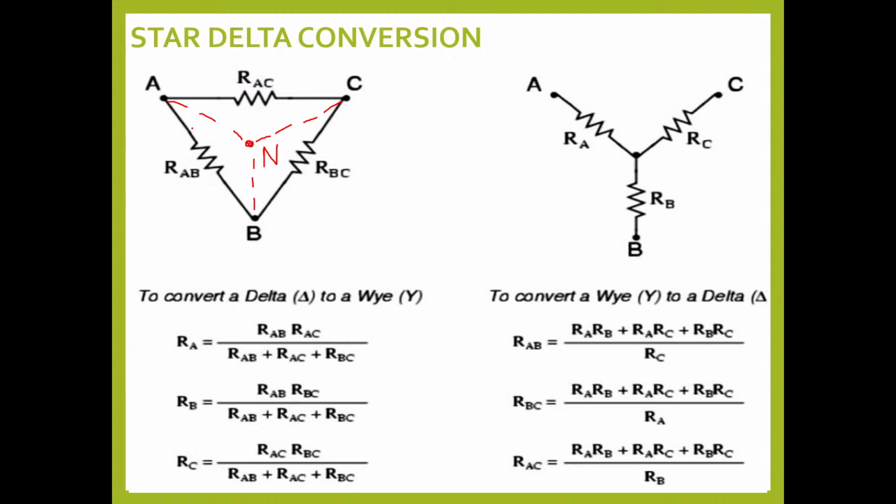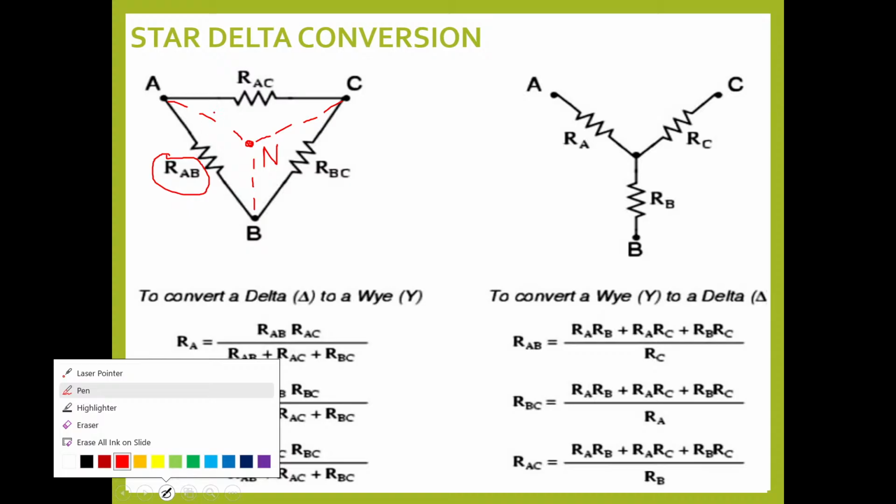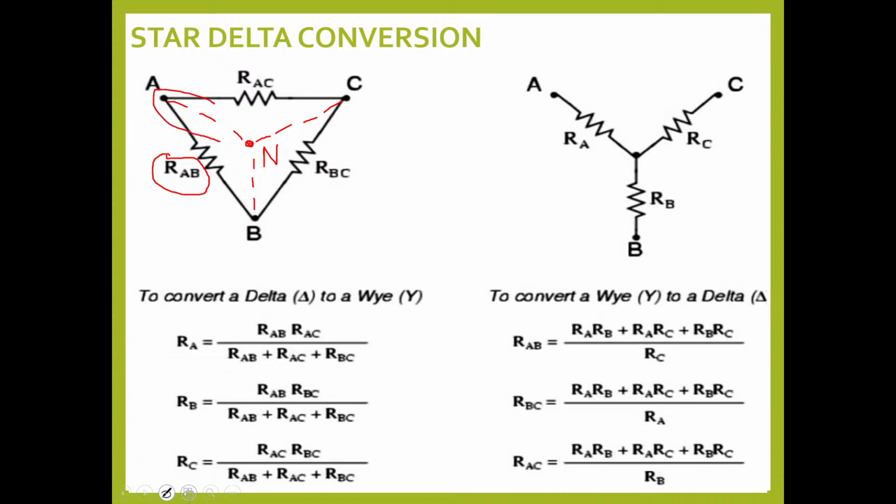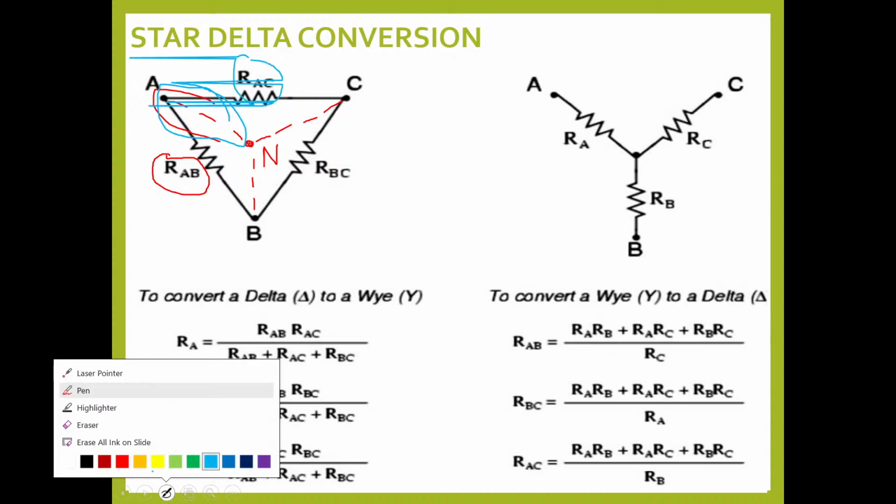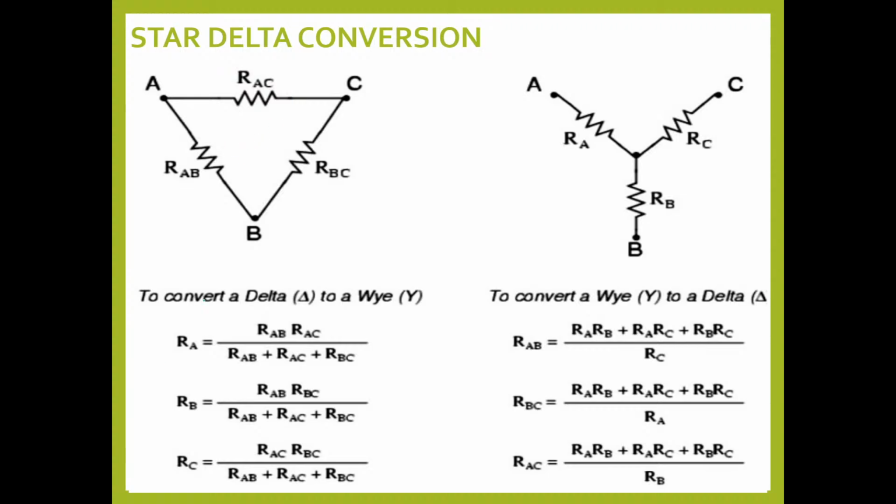Okay. So if you see here, besides to this dotted line, what is there? RAB and RAC is there. So I will put a dotted line. I have erased. Put a dot at the center of the delta connected connection.